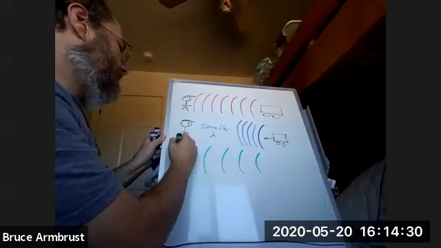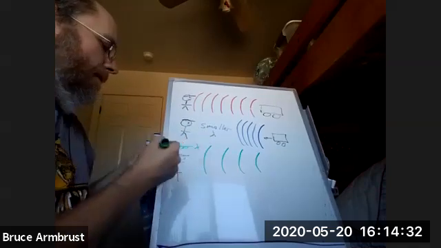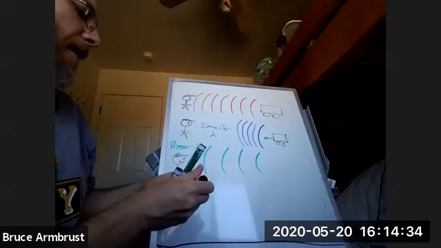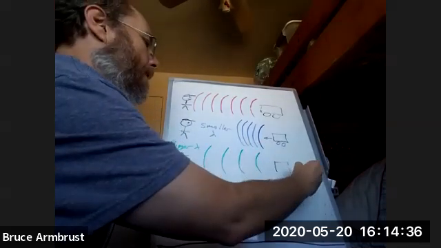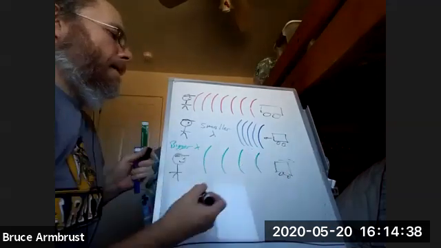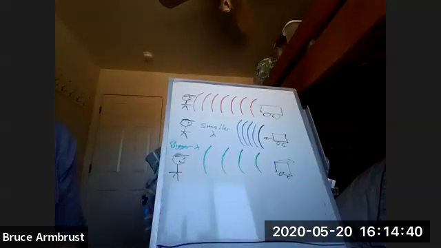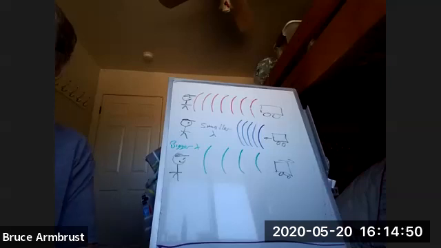So here we're going to see bigger lambda because we're moving the other way. All right, so this is what's going on with the Doppler effect. We're seeing a difference in wavelength.